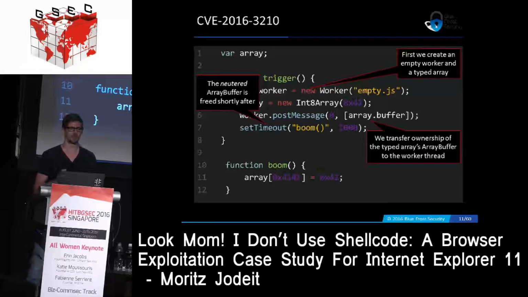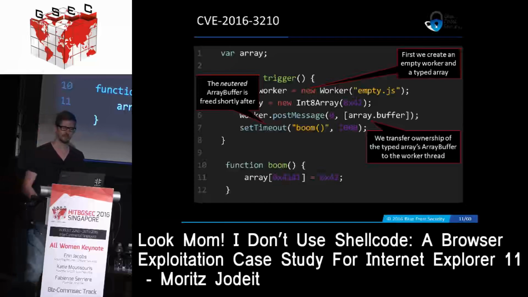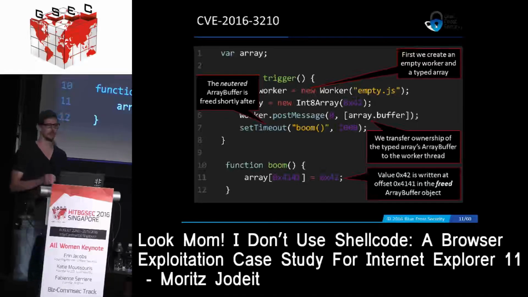Since they didn't account for this fact, they didn't invalidate the ArrayBuffer reference in the typed array. So effectively, after this happened, we can just use the array to access the freed ArrayBuffer. And this is nice because we can use the index of the array to specify the exact offset where we want to access the freed memory.